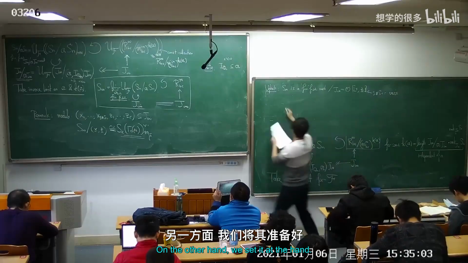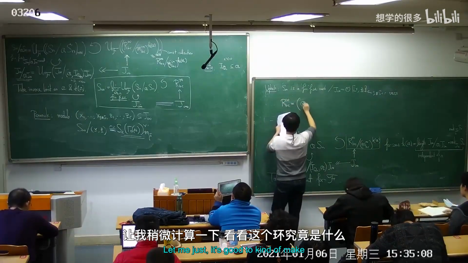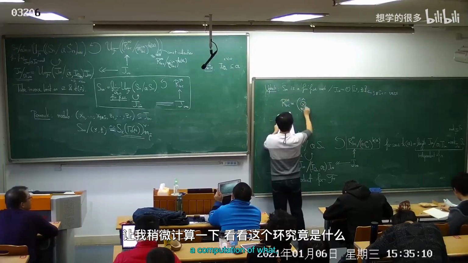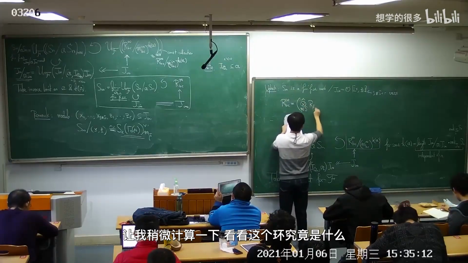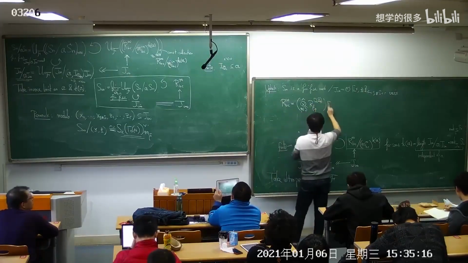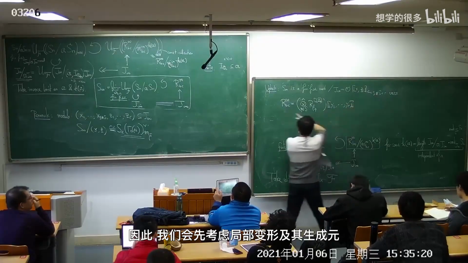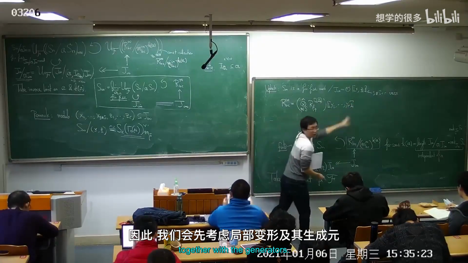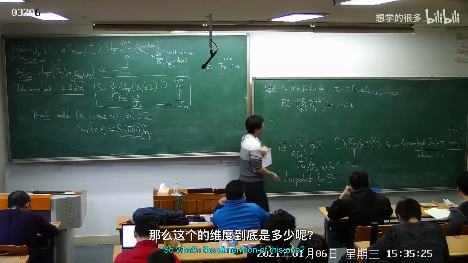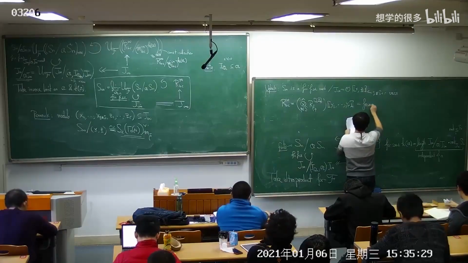On the other hand, we said it many times, maybe it's good to make a computation of what this ring is. So this is the local deformation ring, together with the R generators. So what's the dimension of this one? This is again a formal power series ring.